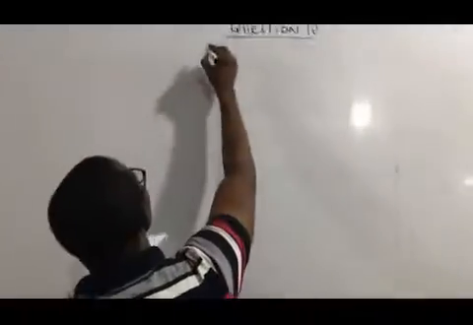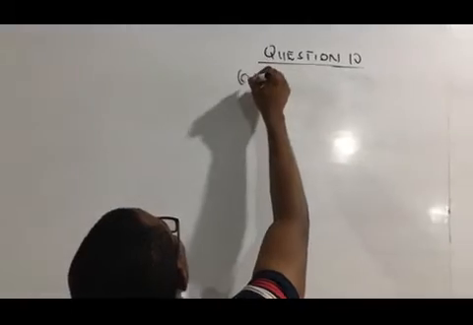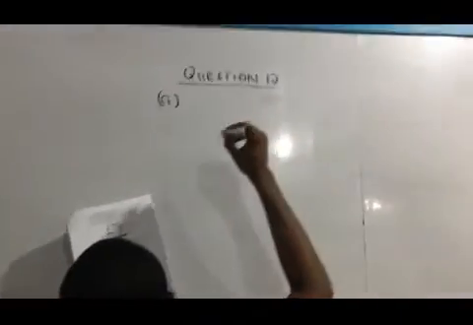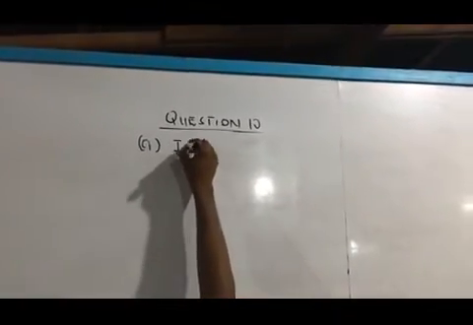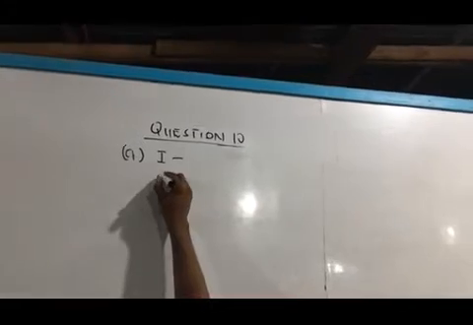And then B, write down the names of the chemicals used in the part labeled IV. C, how would you test for the presence of oxygen produced? Okay, so for A, we are labeling the parts I to IV.